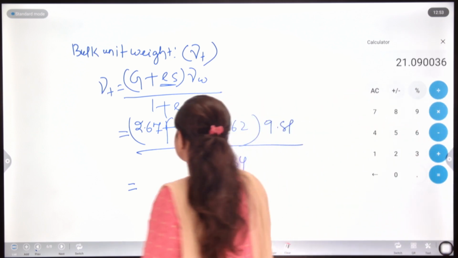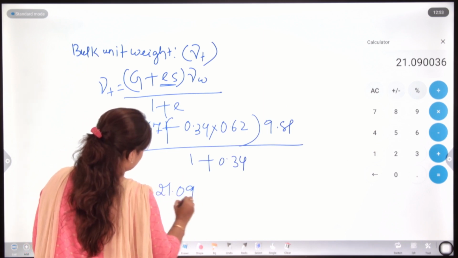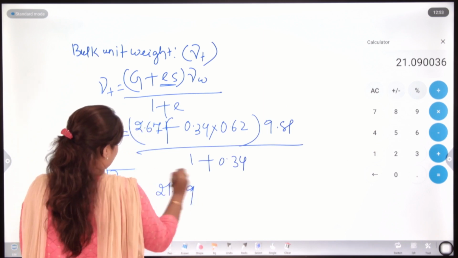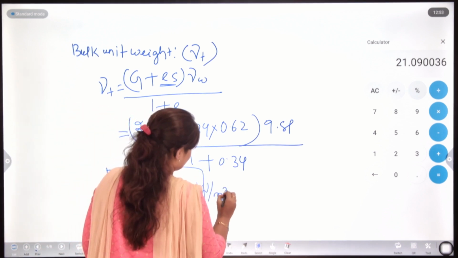Okay. 21.09 is your gamma bulk, in what? Kilonewton per meter cube.